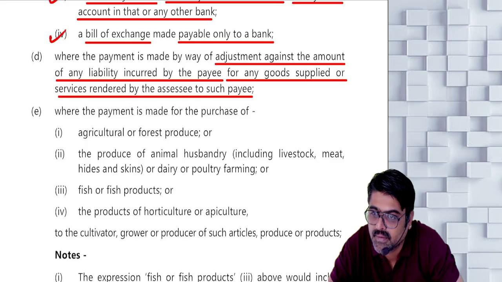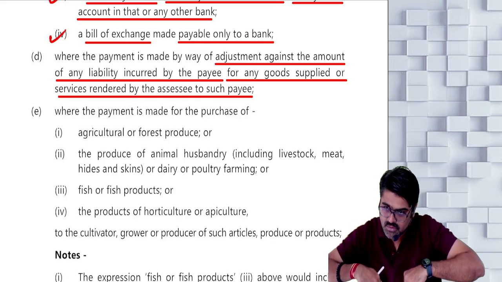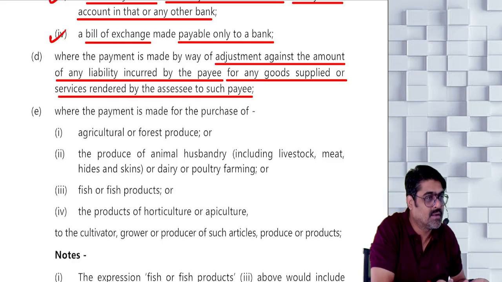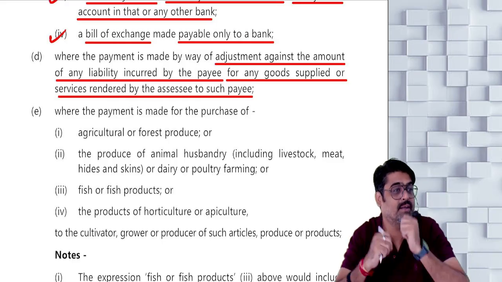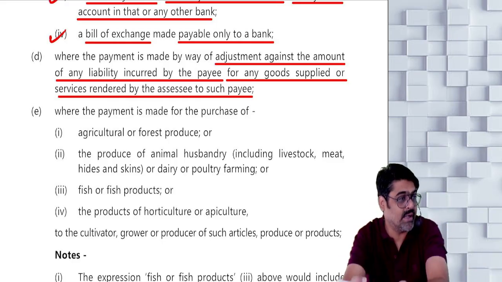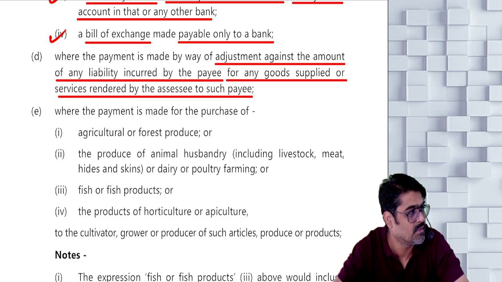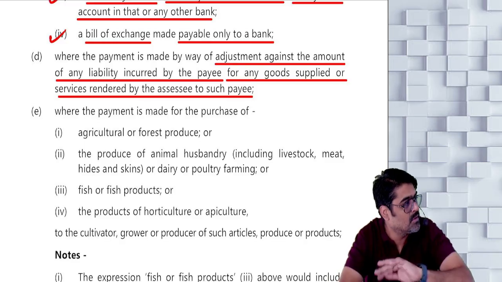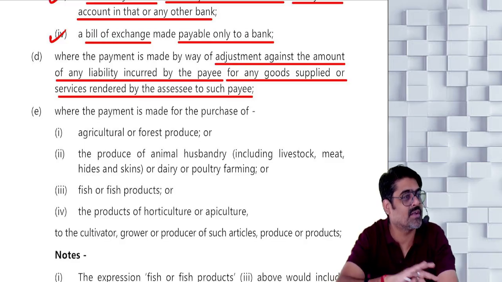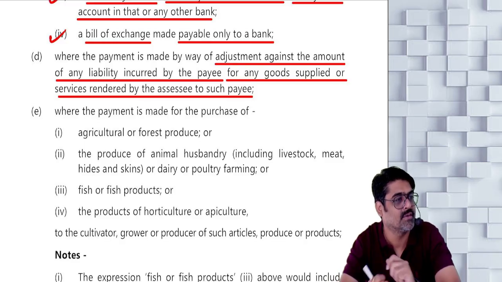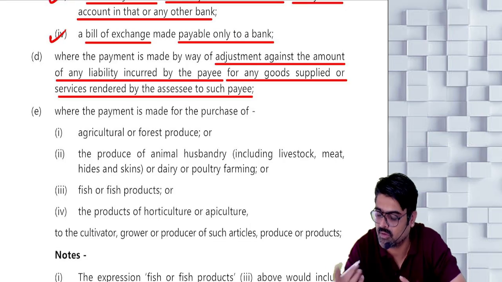Understanding? So in my books, I am adjusting debtors against creditors, meaning to those creditors I am making the payment by way of what? Prescribed modes? No, only through book adjustment. Debtors against creditors.